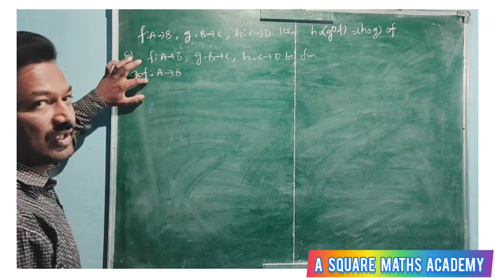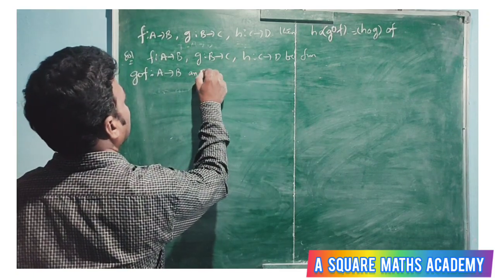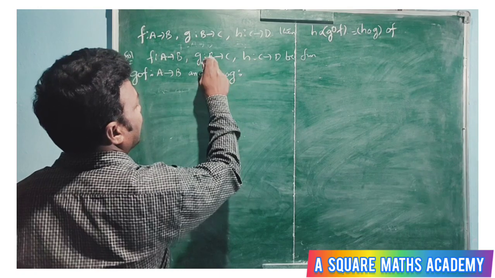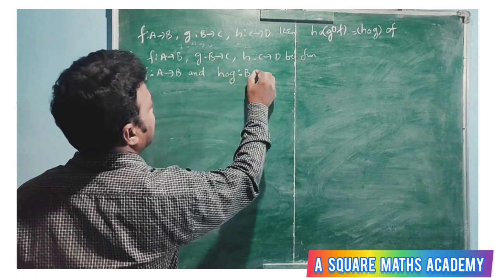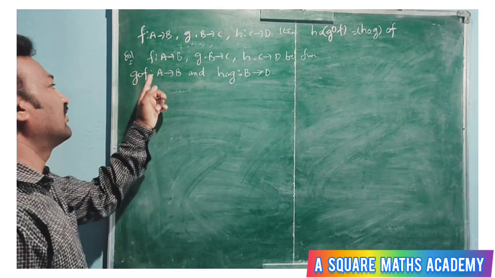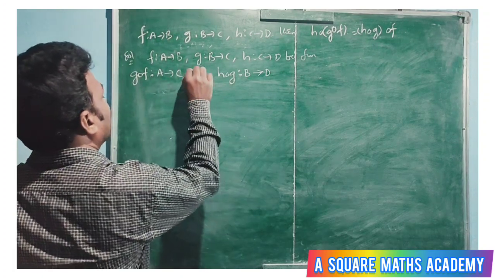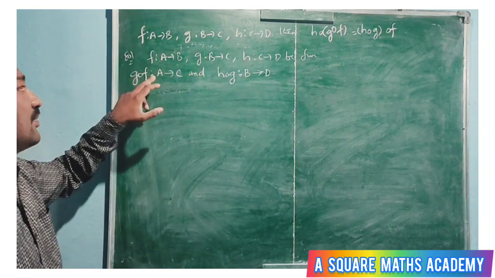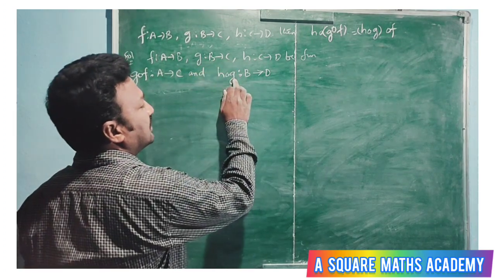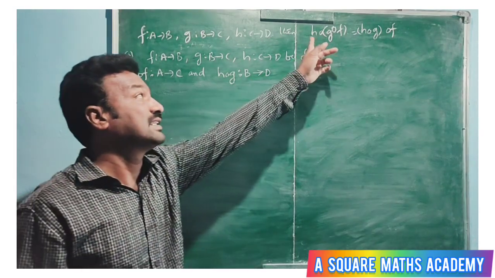Because domain of F, codomain of G. H circle G is a mapping from domain of G, that is B, to codomain of H, that is D. G circle F is a mapping from A to codomain C. Here H circle G is nothing but domain of G and codomain of H, a mapping from B to D.